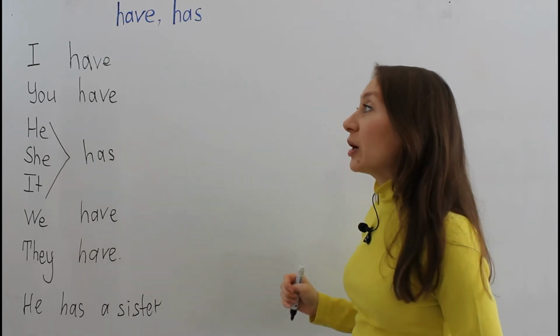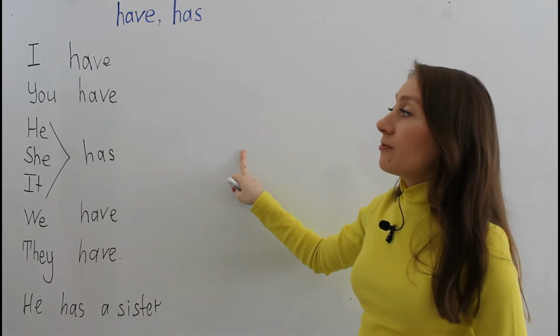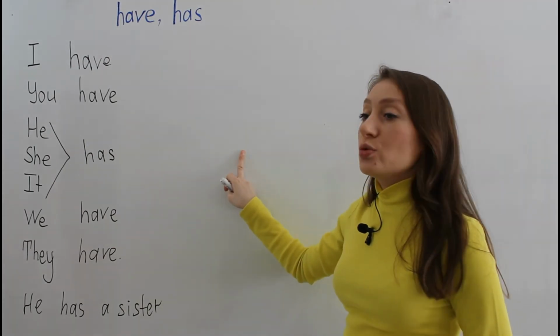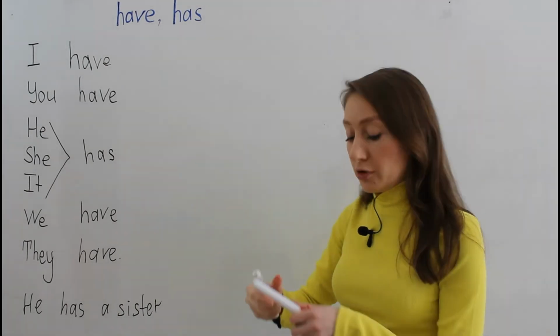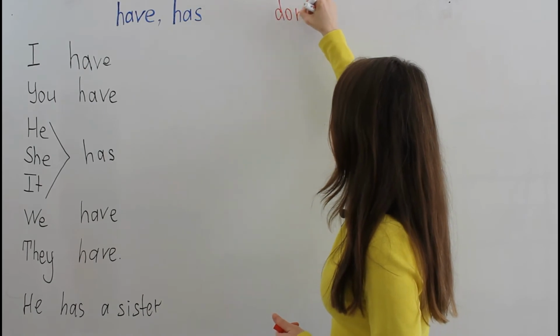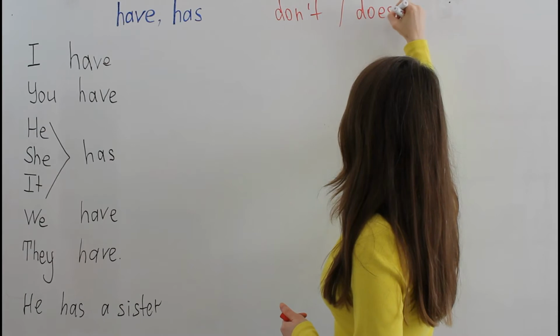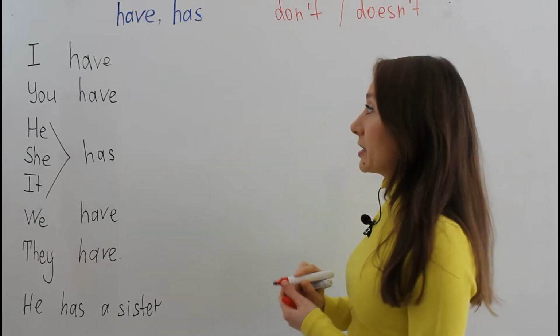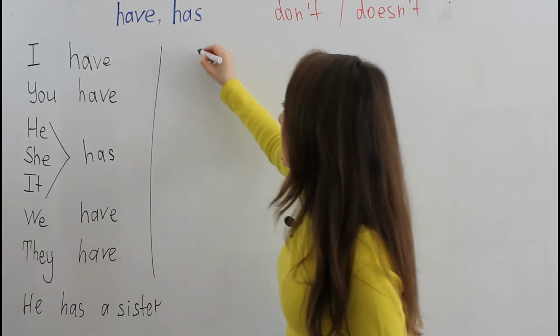Now let's talk about negative form. So to make the negative form, you need to use helping verb, auxiliary verb. So here it will be don't or doesn't. For example, let's make the next sentences.